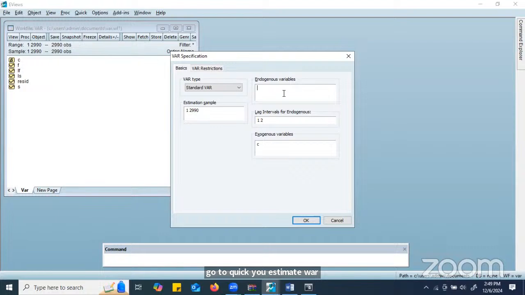Before estimating the VAR, I told you these causality models are subject to the selection of lag length. So type LS LF and click OK.